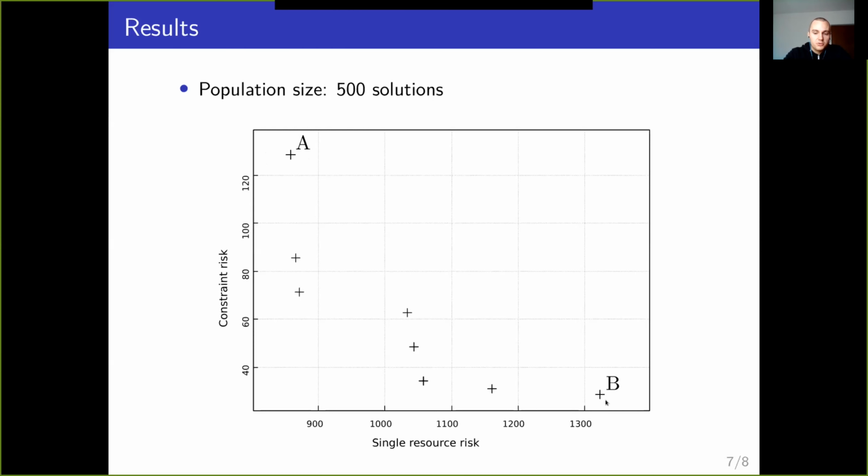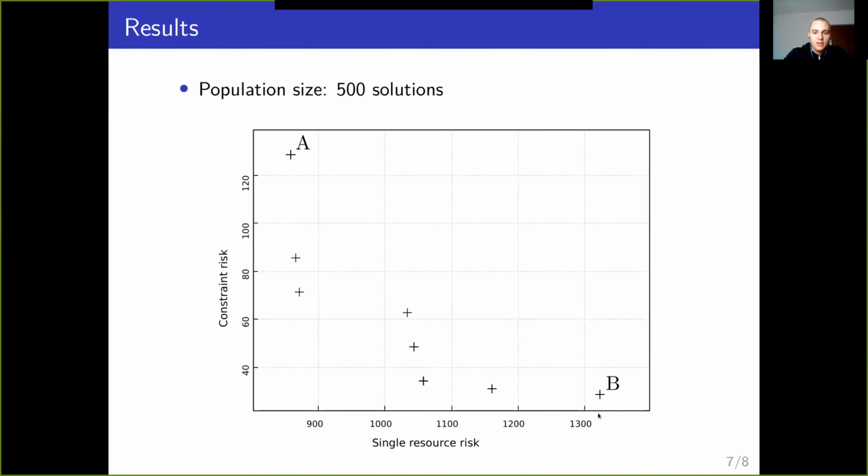On the other hand, solution B breaks only 2 constraints, and both of those are violated on the cloud sigma 6, so on the most trusted cloud. But solution B pays for this by placing a more significant amount of resources on less trusted clouds, so the single resource risk is quite high here.